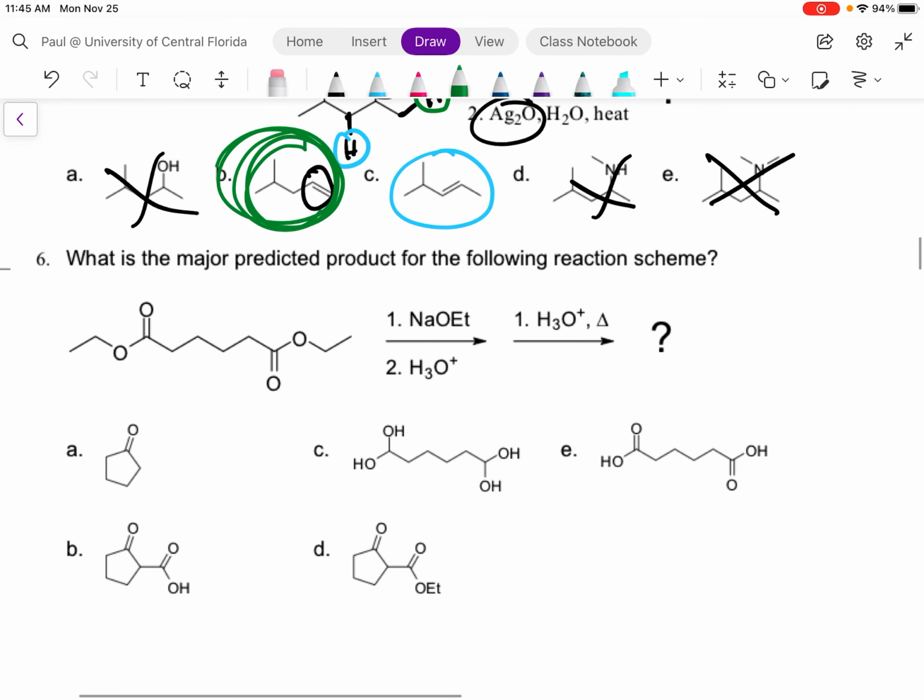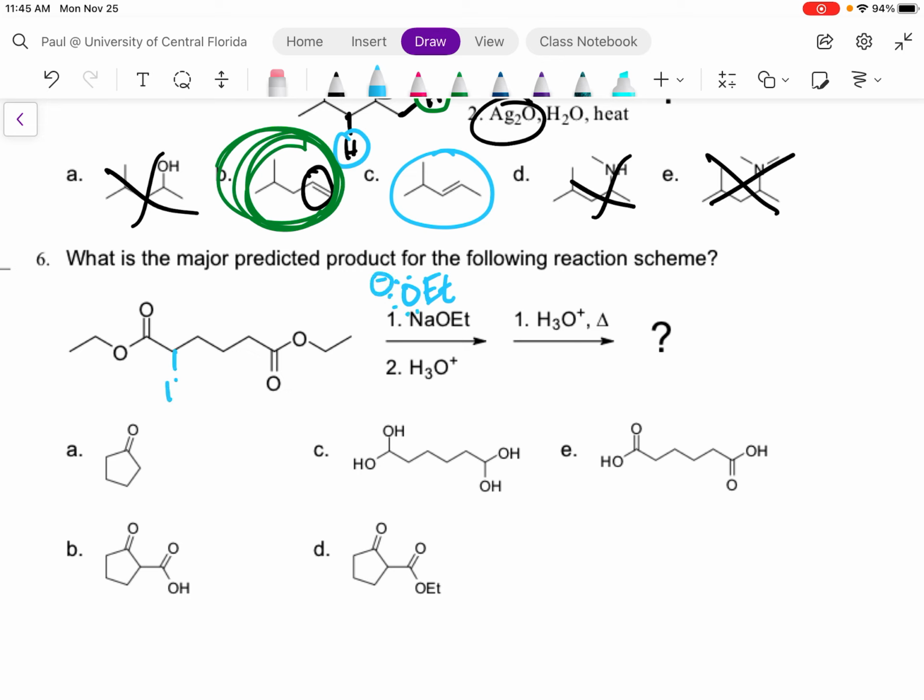Okay, number 6 is an intramolecular Claisen reaction here. Okay, so what we first notice is that our base is ethoxide, which matches the esters. That's very important, because now that allows that ethoxide species to come and abstract a proton.